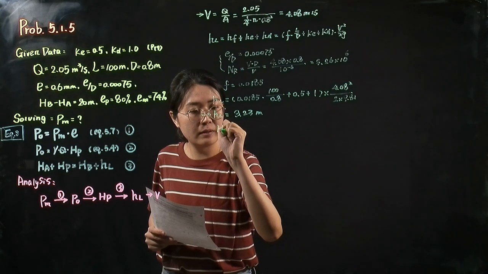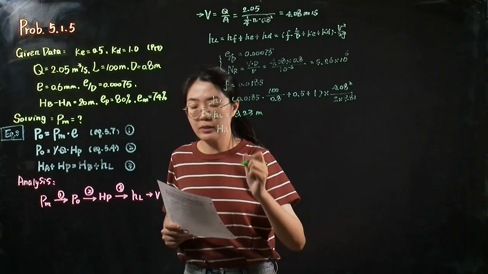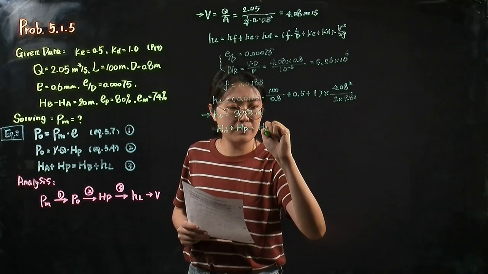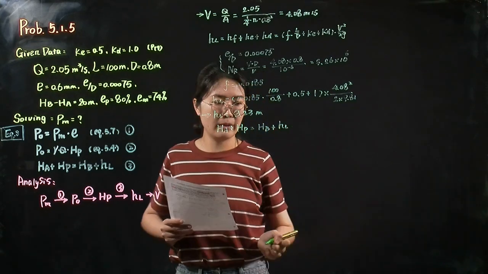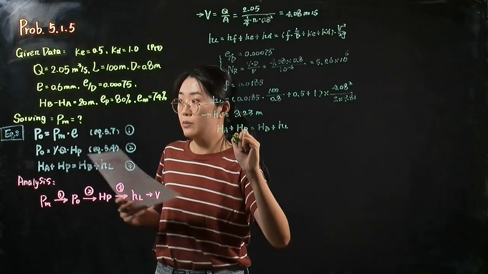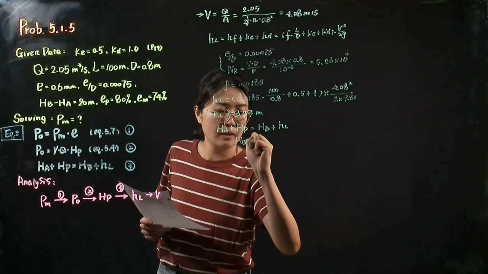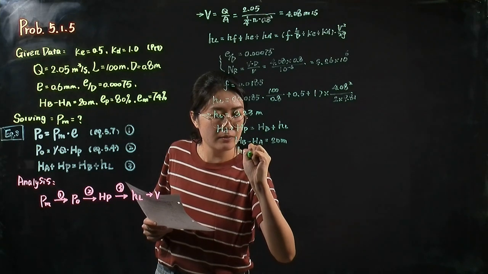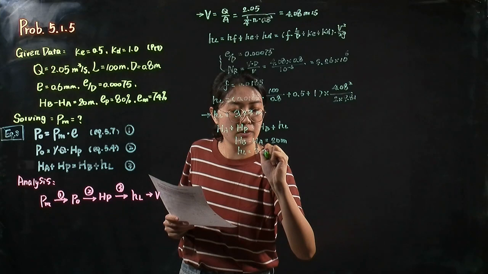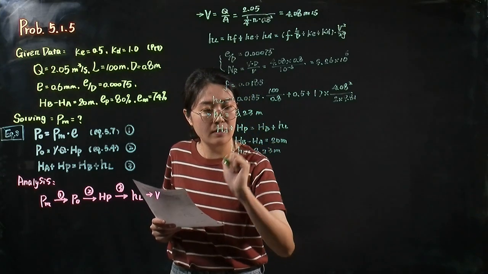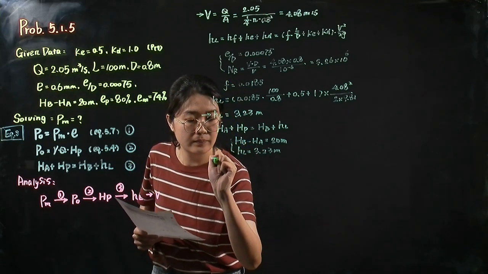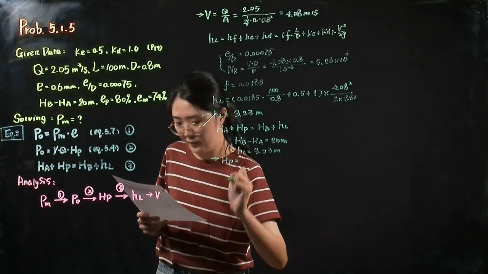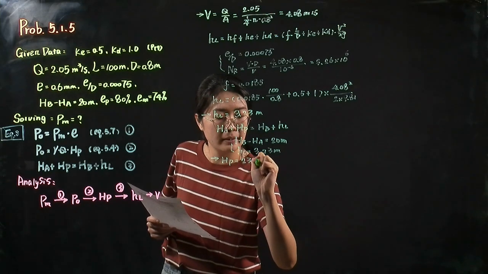In equation 3, the total energy in reservoir A plus the energy provided by the pump equals the total energy at point B plus the head loss from point A to B. Because we know HB minus HA equals 20 meters, and the head loss from point A to B equals 3.23 meters, we can get the energy contributed from the pump. It equals 23.23 meters.